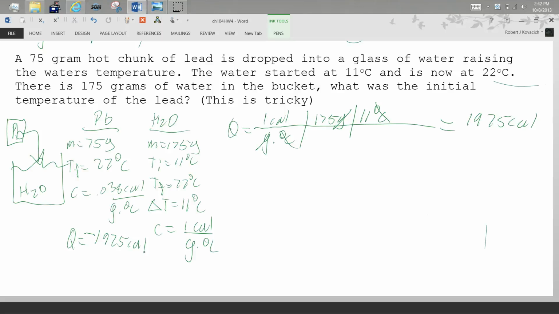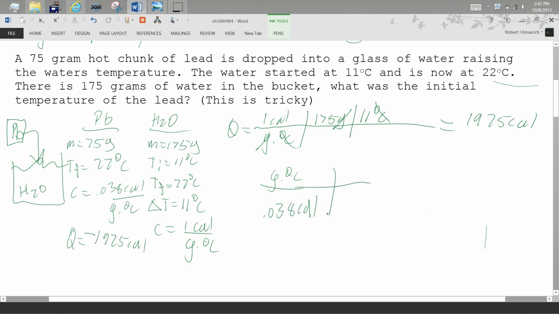Okay, so now we're still trying to figure out this change in temperature. So I need a degree C. With the other pieces of information, I can calculate a degree C. I'm going to start by throwing grams, degrees C, 0.038 calories in my railroad track, because my answer needs to have degree C in it.